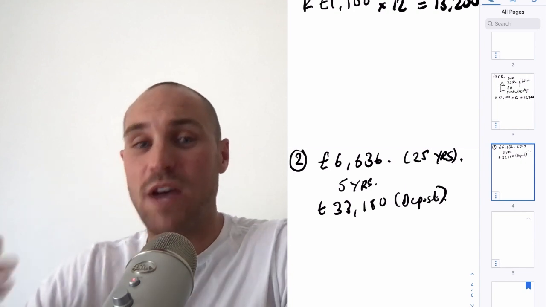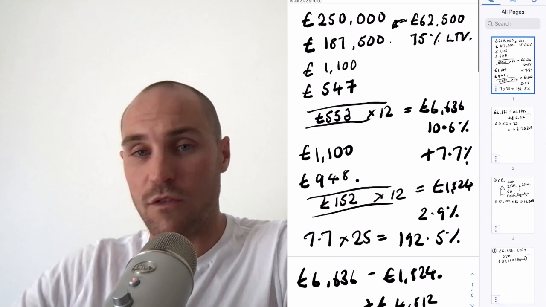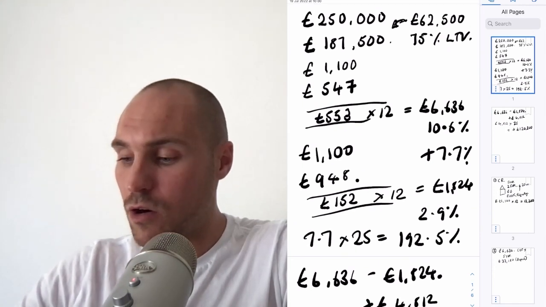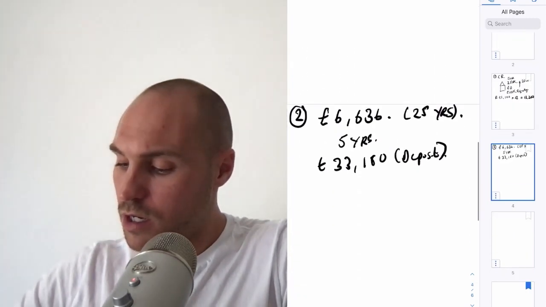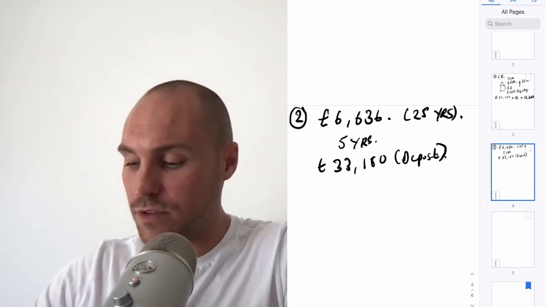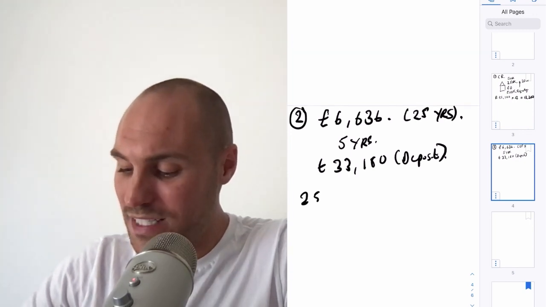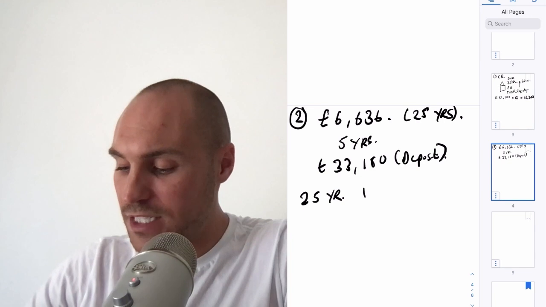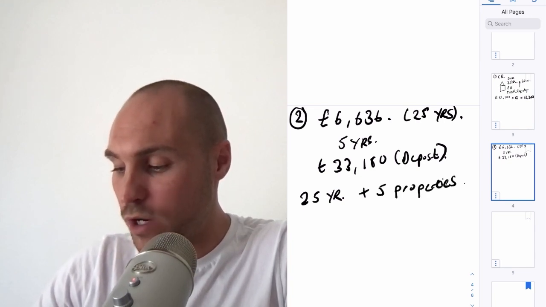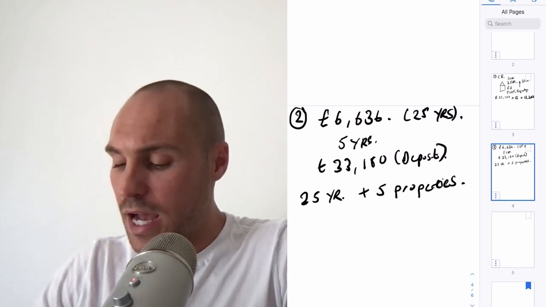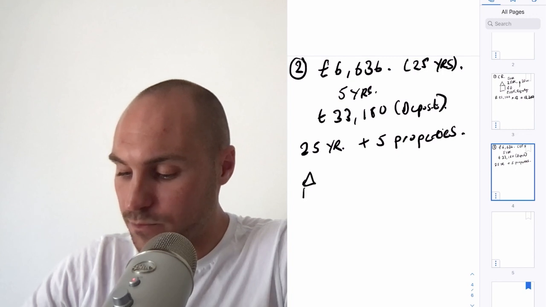So we're reinvesting the profits from the very first property that we bought up here for £250,000 on interest only. So in this example, every 5 years we can buy a new property. Over the 25-year period, we can actually buy an additional 5 properties using an interest-only mortgage strategy.